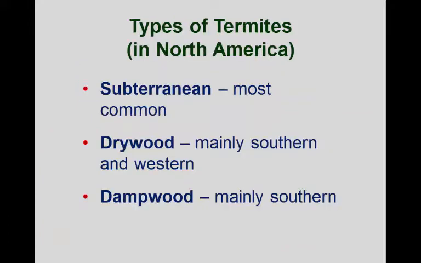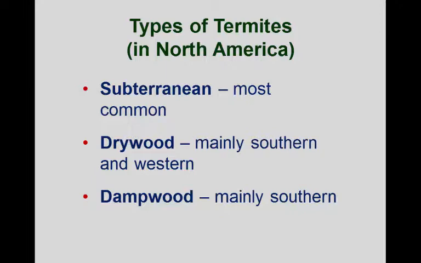Now, in the United States, we have three types of termites. Our most common termite is the subterranean. And what do we mean by subterranean? We mean that the colony itself lives in the soil. But then the workers forage out of that colony to find cellulose, wood in most instances, in order to feed on that. However, let's take a typical Ohio landscape.